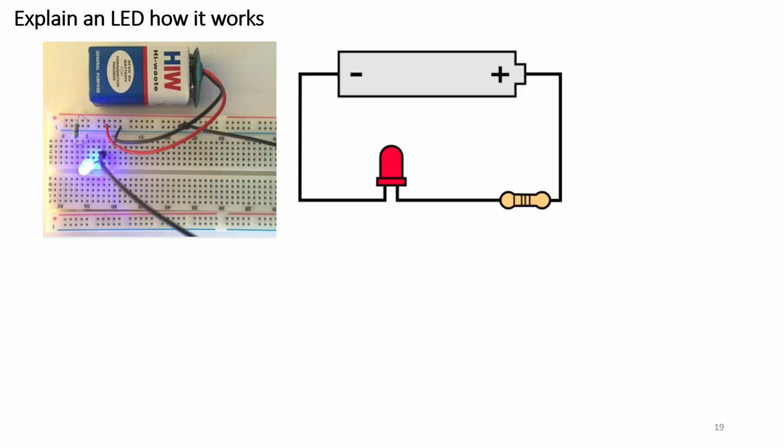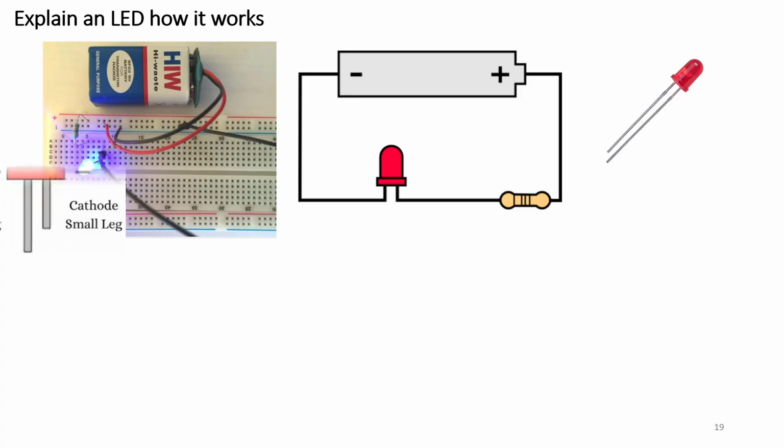The current supplier is the battery or something else, and the LED is associated with a resistor to make our circuit work correctly, in order to not burn our LED. In real life, the LED looks like the one on the right hand.